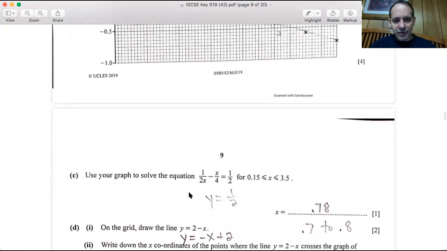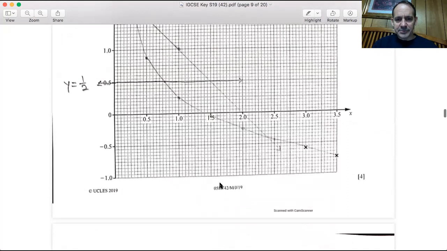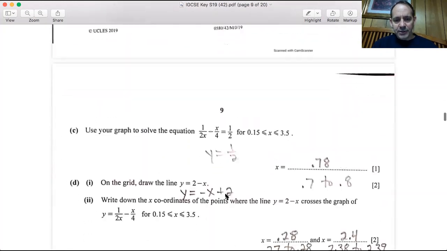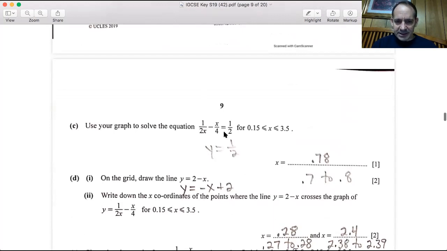Use your graph to solve the equation 1 over 2x minus x over 4 equals 1/2. First, check the left to make sure it's the same as the one you just graphed. It is. So the left is the graph you just did. The right is 1/2, meaning we want to draw the line y equals 1/2 and find where those two intersect.